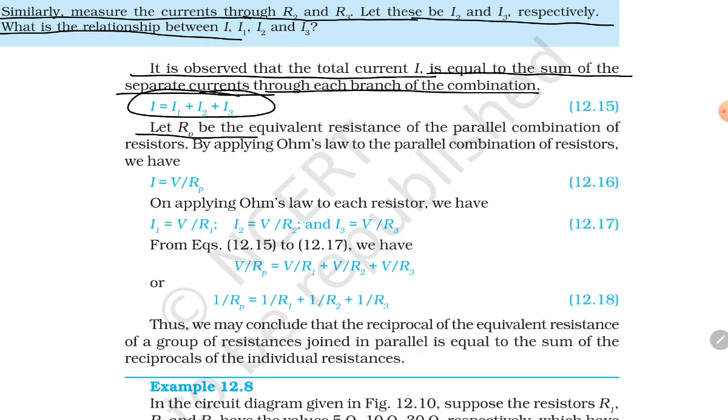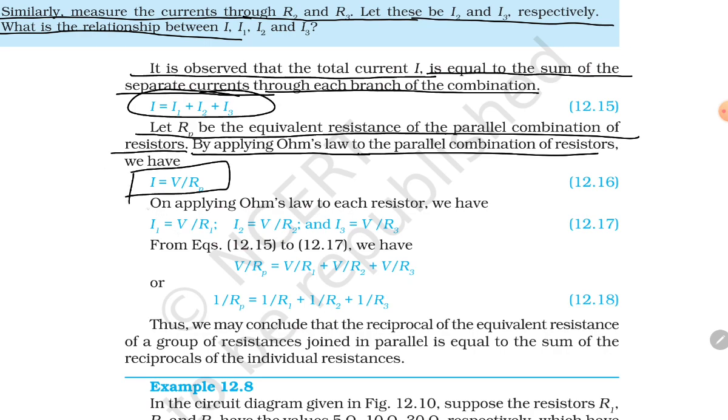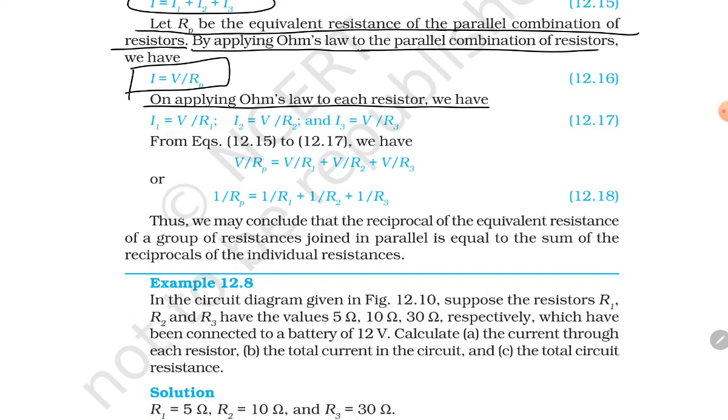Let Rp be the equivalent resistance of the parallel combination of the resistors. By applying Ohm's law to the parallel combination of resistors, I is equal to V by Rp. On applying Ohm's law to each resistor, I1 is equal to V by R1, I2 is equal to V by R2, I3 is equal to V by R3.